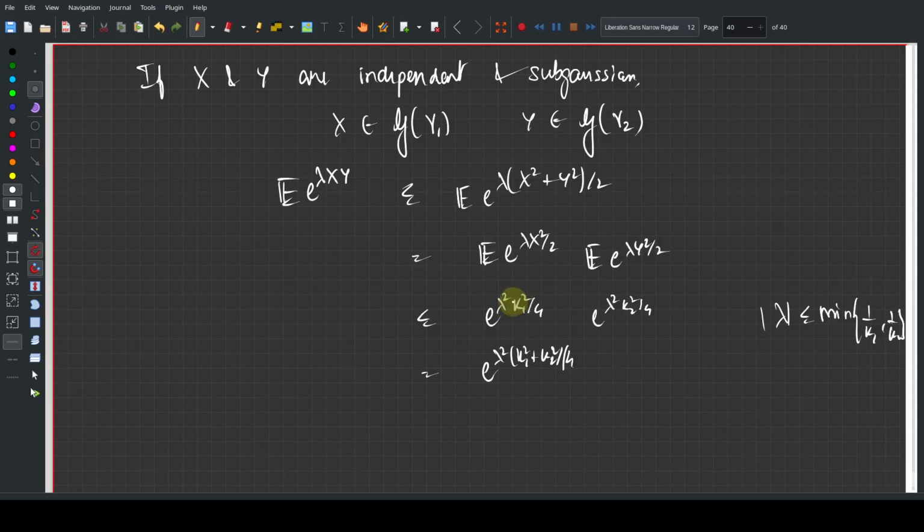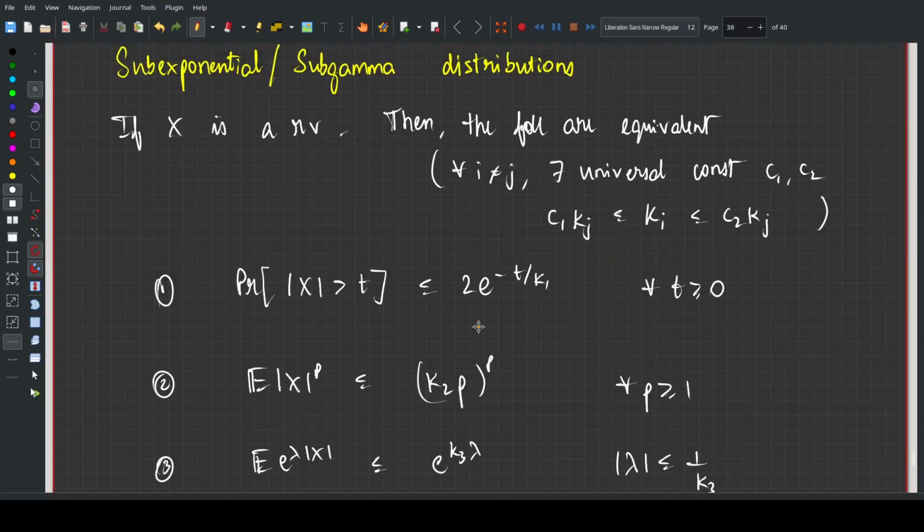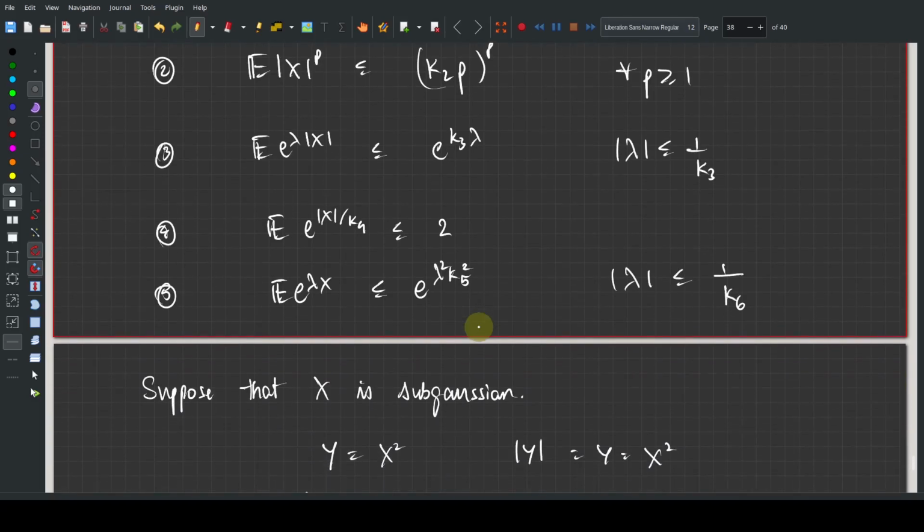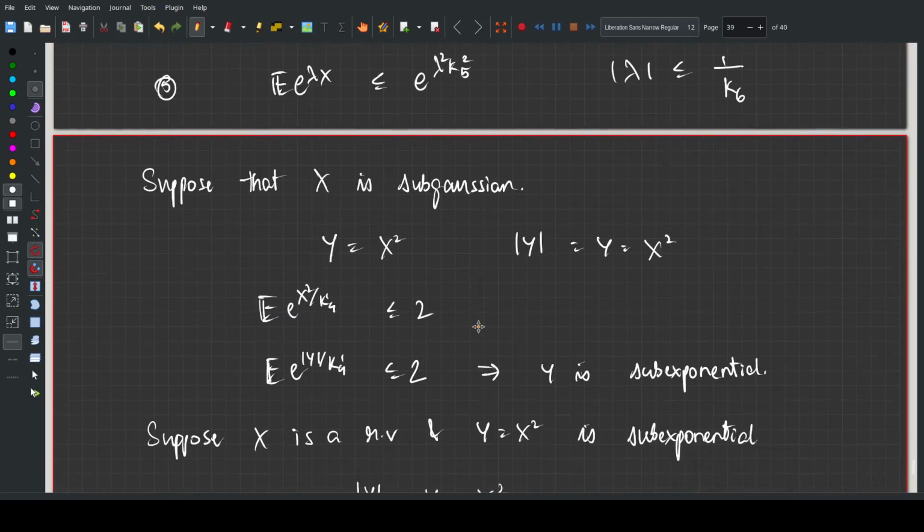The lambda, okay, fine, sure. Good. But can I conclude anything based on the properties that I have here? It's property 5, it is sub-exponential, right?